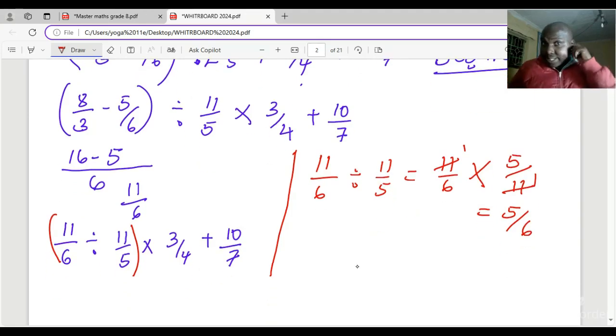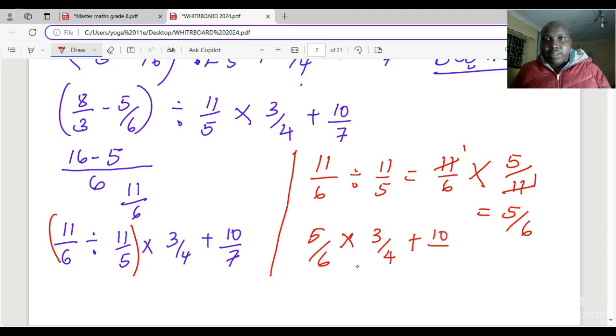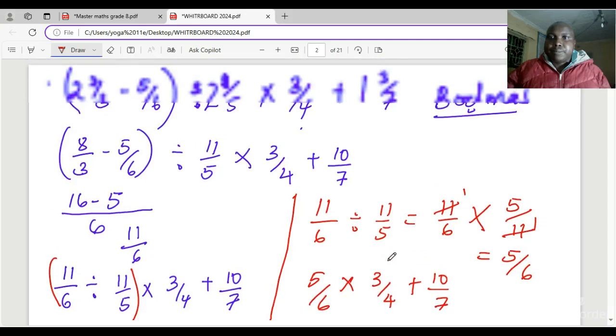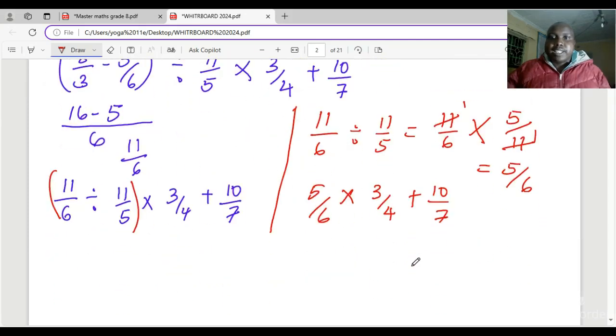Now we write again. From division we have this answer. So 5 over 6 times 3 over 4 plus 10 over 7. Now next is multiplication from BODMAS.